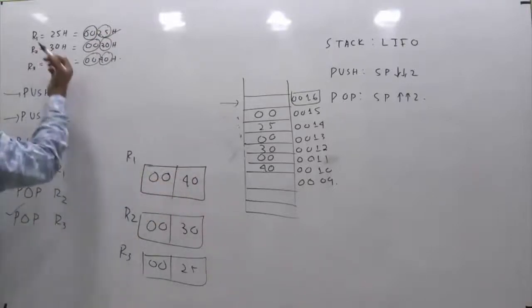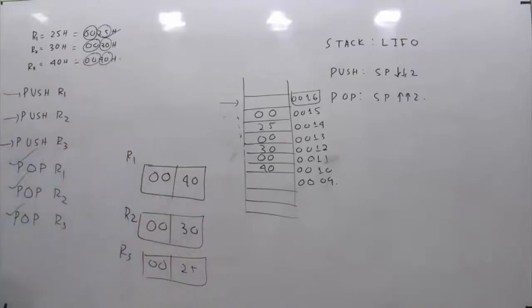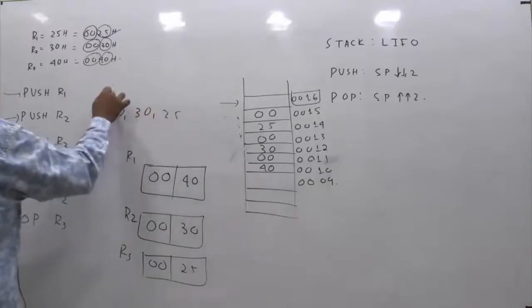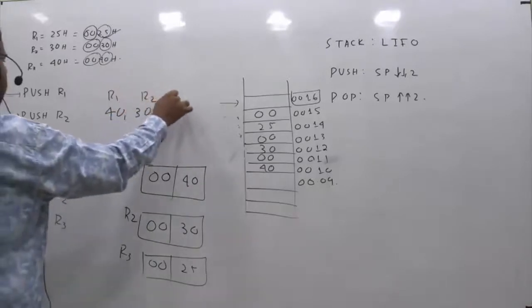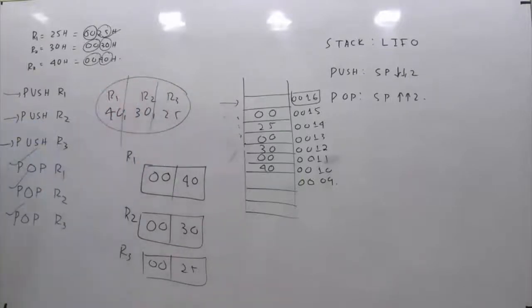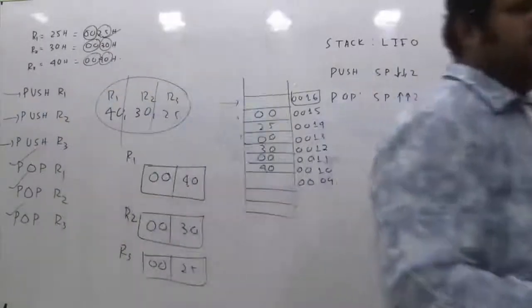Before execution R2 content was 30, and it still contains 30. Before execution R3 contained 40, and now it contains 25. So the answers are respectively 40, 30 and 25: this is for R1, this is for R2 and this is for R3. These are in the corresponding 8-bit notations. R1 should contain 40, R2 should contain 30, and R3 should contain 25 after the end of execution. So this is the final answer.